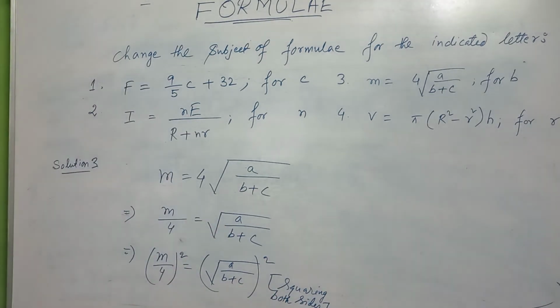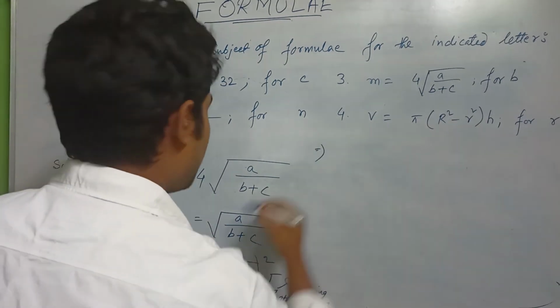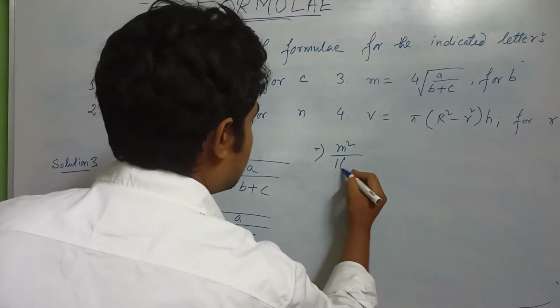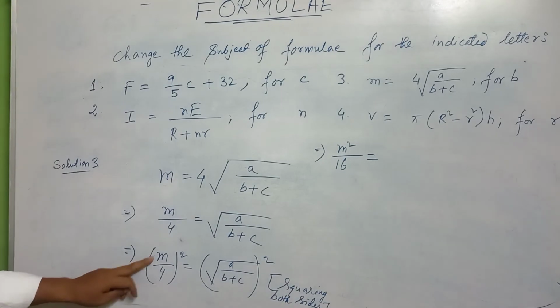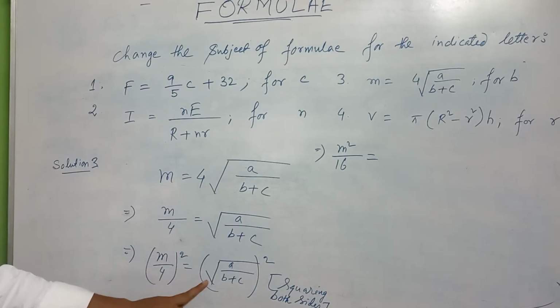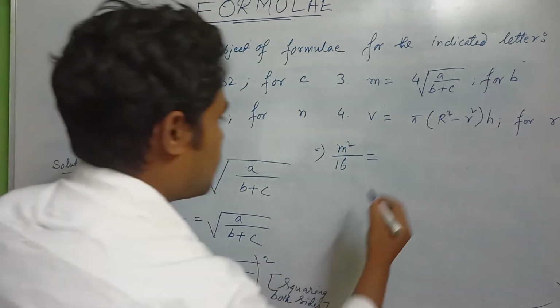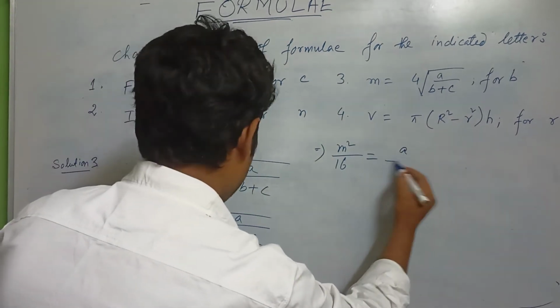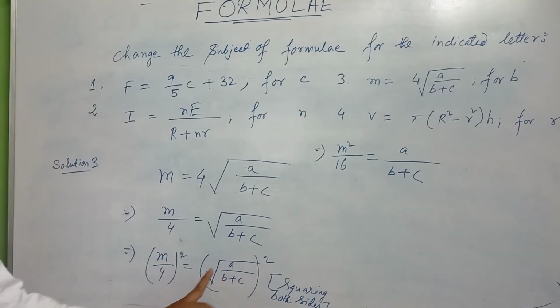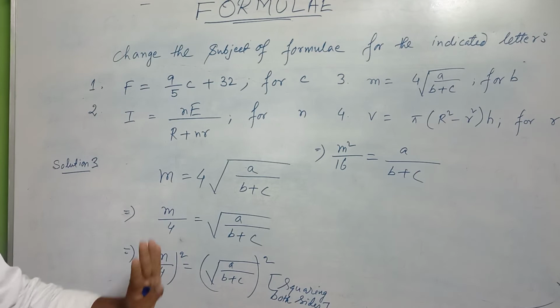Right here, squaring both sides. Okay. Now I am coming over here, implies m square by 16, 4 square means 16, m square by 16, then this root over will be removed. So it becomes b plus c. Okay. For this square sign, root over gone, right?